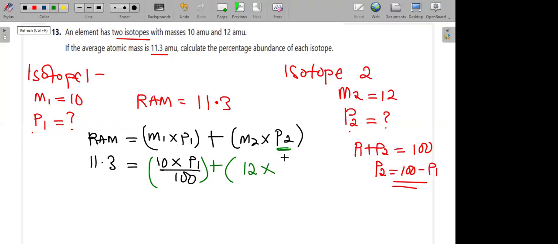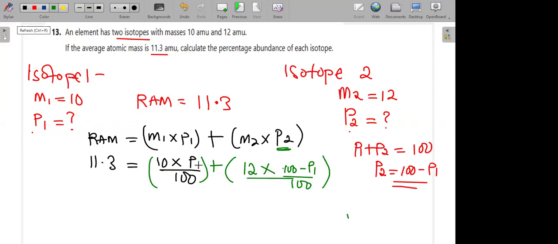Now, instead of putting P2 here, I'm going to put the expression for P2 in terms of P1. You can see P2 is the same as 100 minus P1. So where there's P2, I'll put 100 minus P1 over 100 because it's a percent. Why are we doing this?